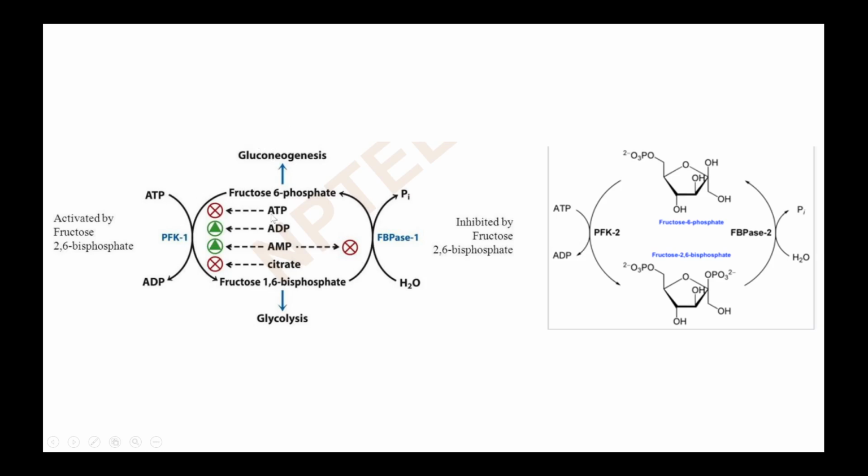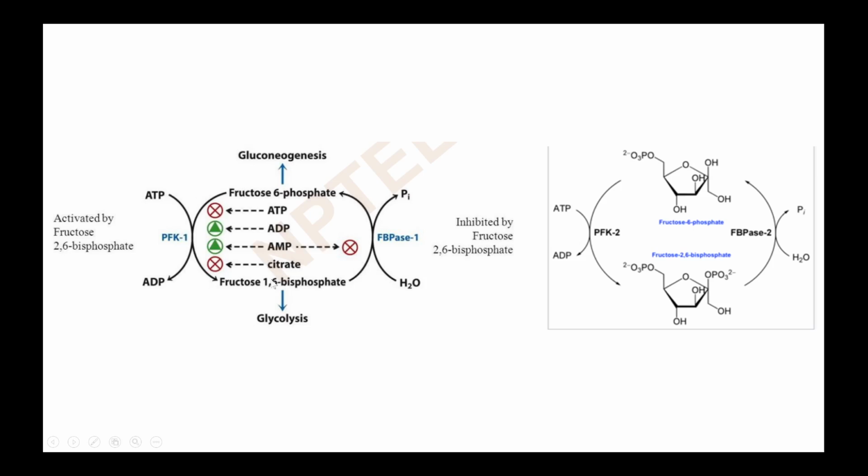So here there are certain energy molecules. If you have enough ATP, you don't need more and more glycolysis. In that case, gluconeogenesis will be favored. So it will inhibit the PFK1, and it will activate the FBPase1 so that the pathway goes towards gluconeogenesis.